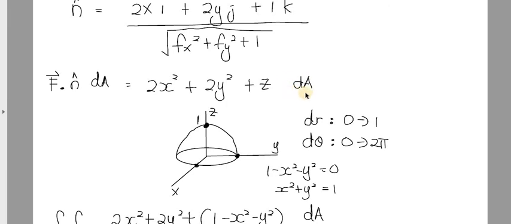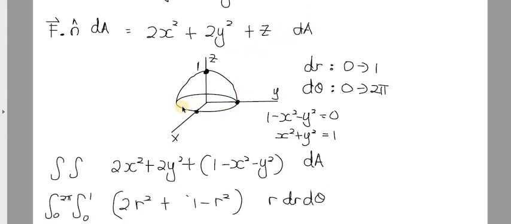Okay, so for the dA, I need to define the interval. So I have to look at the xy projection. So this is the paraboloid. When I look from the z-axis, the xy projection, I see a circle, and the radius of the circle is equal to 1. The 1 is obtained when I replace z equals 0. For the xy projection, we see this shape at the position z equals 0.